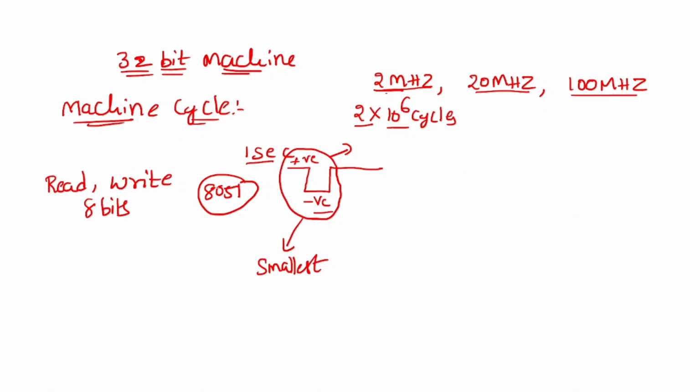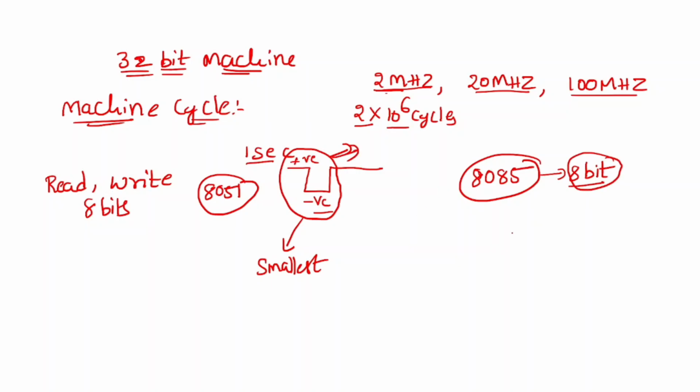It is a very basic microcontroller. Actually, you may also see the 8085 processor. Whenever you see the 8085 processor, somebody will tell you it is an 8-bit processor. What is the meaning of 8-bit? That means this processor can read 8 bits of data in a single machine cycle.